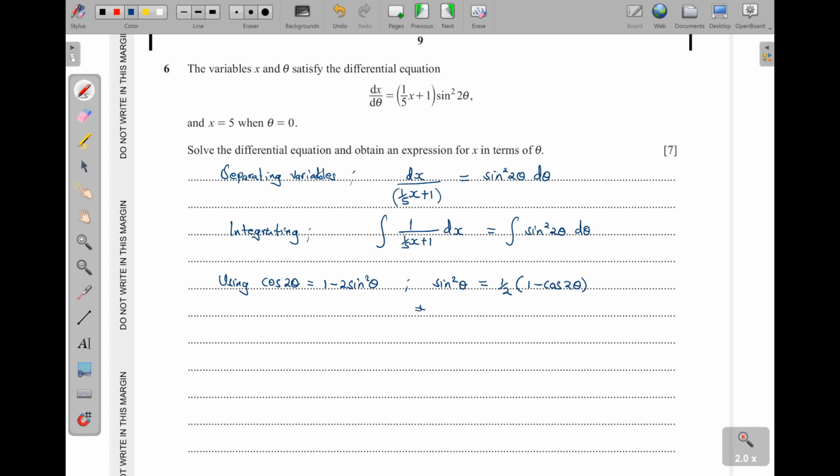Now this simply implies that for sine squared 2 theta, look at this, theta here, but here you have 2 theta. So if I have 2 theta here, I multiply it by 2 here, I will have what? 4 theta. So meaning we are going to have a half of 1 minus cosine of 4 theta.